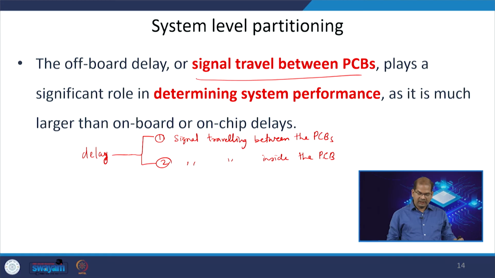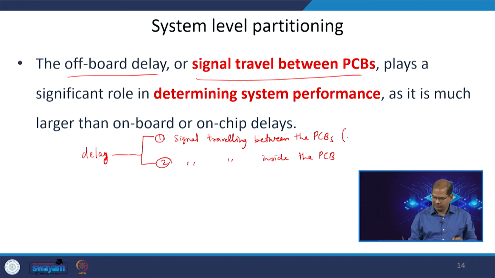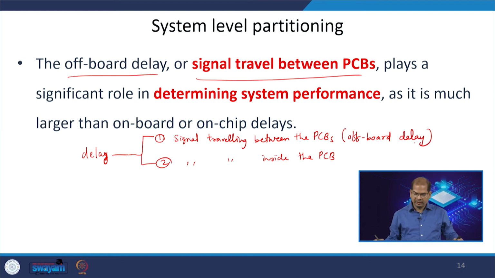So, basically the off board delay is the first one. The delay outside the board, called the off board delay, plays an important role in determining the system speed, because the off board delay is larger than the on board delay. So, this one is the on board delay.